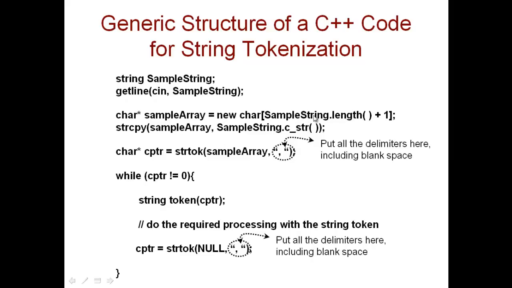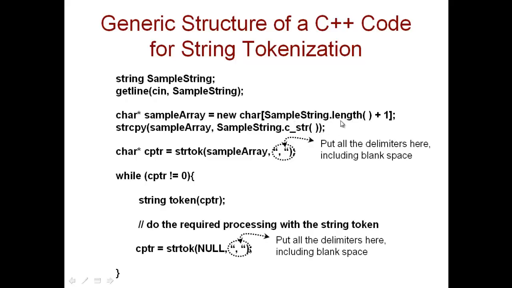So what is the size of that array? A character array should be processed in a C style. So even though this is the C++ language, a character array is processed in a C style fashion in C++. Why do I say that?